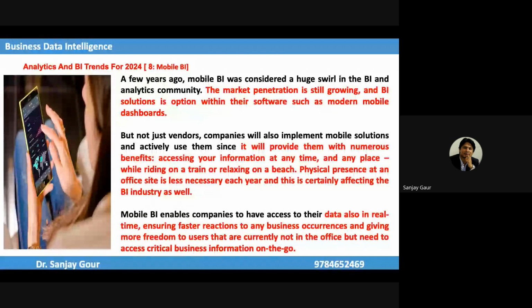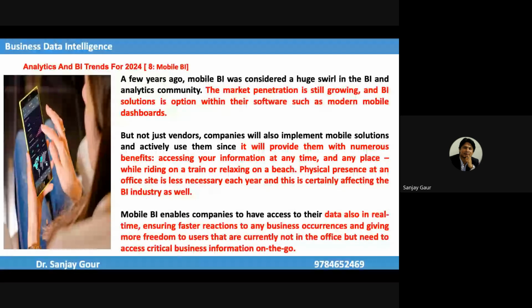But not just vendors, companies will also implement mobile solutions and actively use them since they will provide numerous benefits, accessing your information at any time and any place, while riding on the train or relaxing on the beach. Physical presence at any office site is less necessary each year, and this is currently affecting the BI industry as well, all due to data science and analytics.